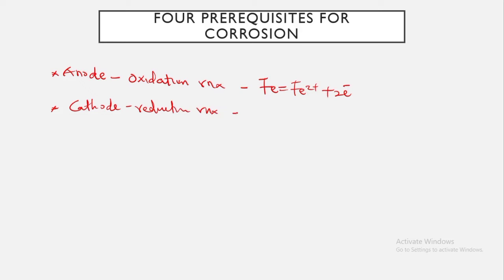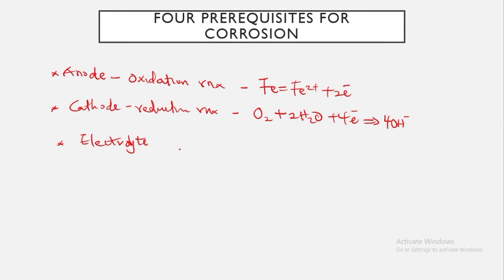For the reduction reaction at the cathode, we can write O2 plus 2H2O plus 4 electrons, giving you 4OH-. The third thing we need is an electrolyte, in contact with the anode and the cathode.